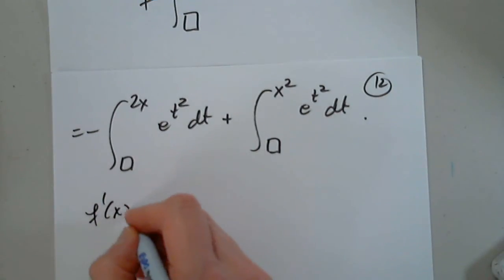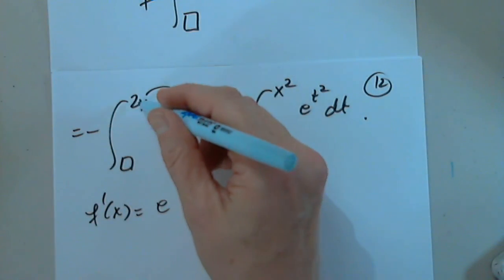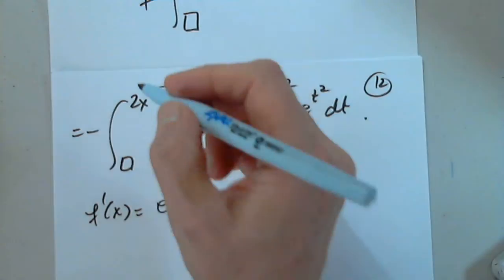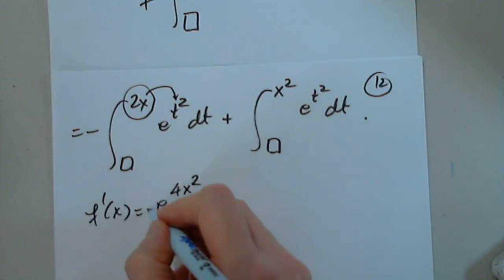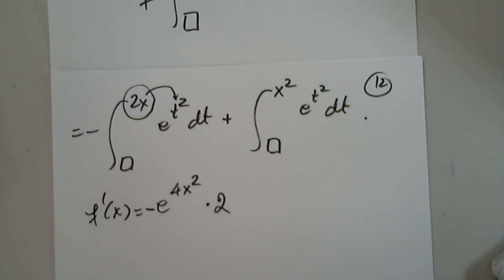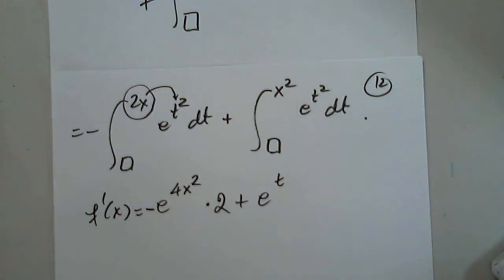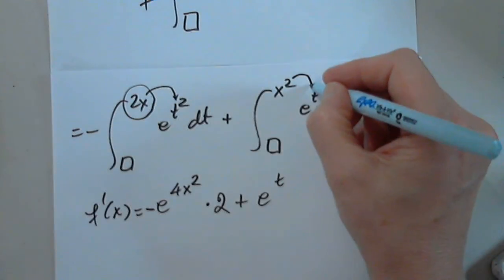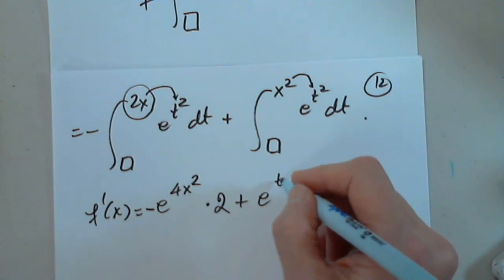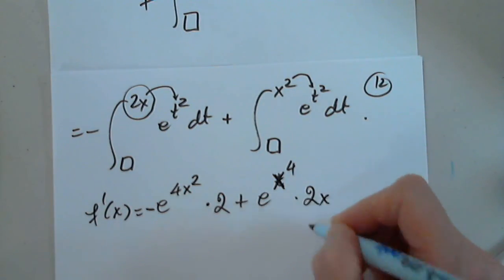So f prime of x is e to the power: I replace t by 2x and I square it. So I get 4x squared, with the minus in front, times the inner function prime, which is 2. Plus, I differentiate this: I plug in x squared, so x squared squared will be x to the 4th, times the inner function prime, which is 2x.